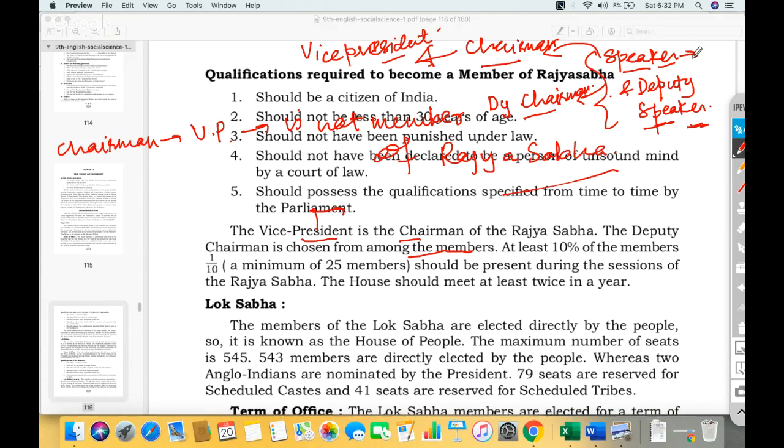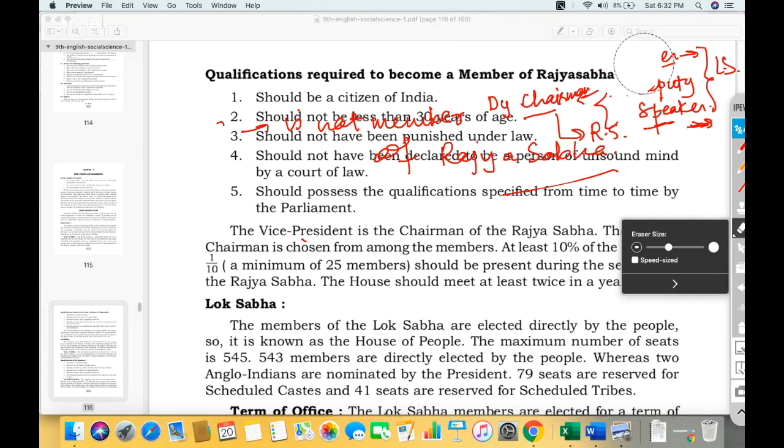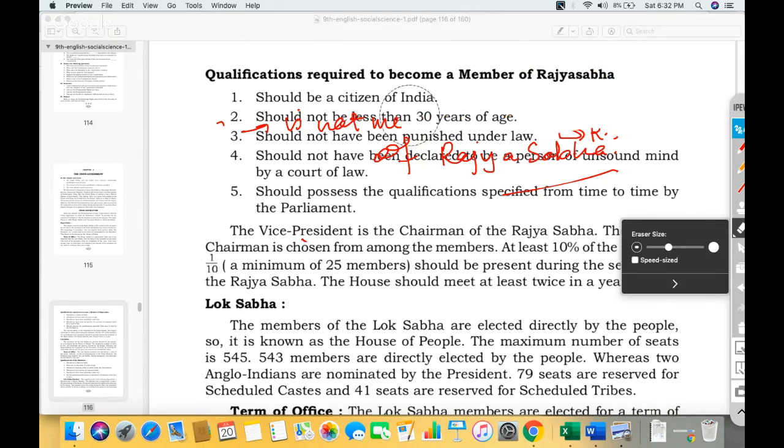Otherwise, speaker in Lok Sabha and deputy speaker in Lok Sabha would be member of Lok Sabha. Deputy chairman in Rajya Sabha would be member of Rajya Sabha. Only chairman, who is vice president of India, will not be member of Rajya Sabha. So this is very, very important.